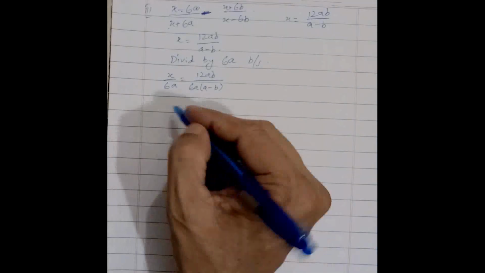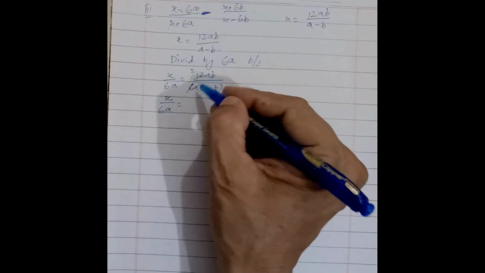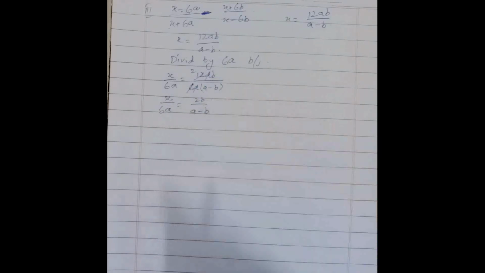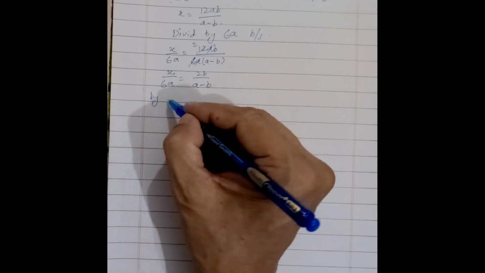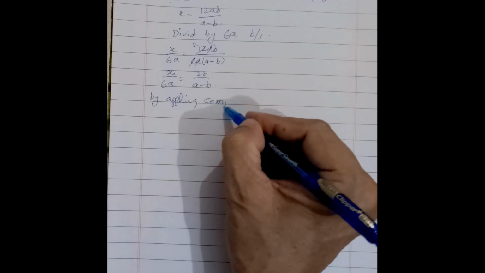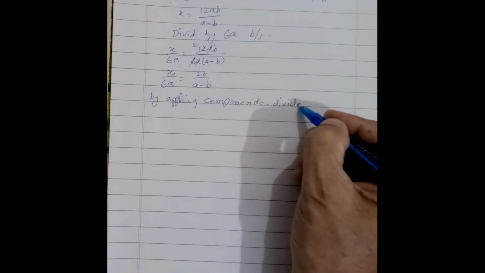Simplify: 6 cancels with 12, we get 2, a cancels with a, we get 2b over (a minus b). Now we apply componendo dividendo.